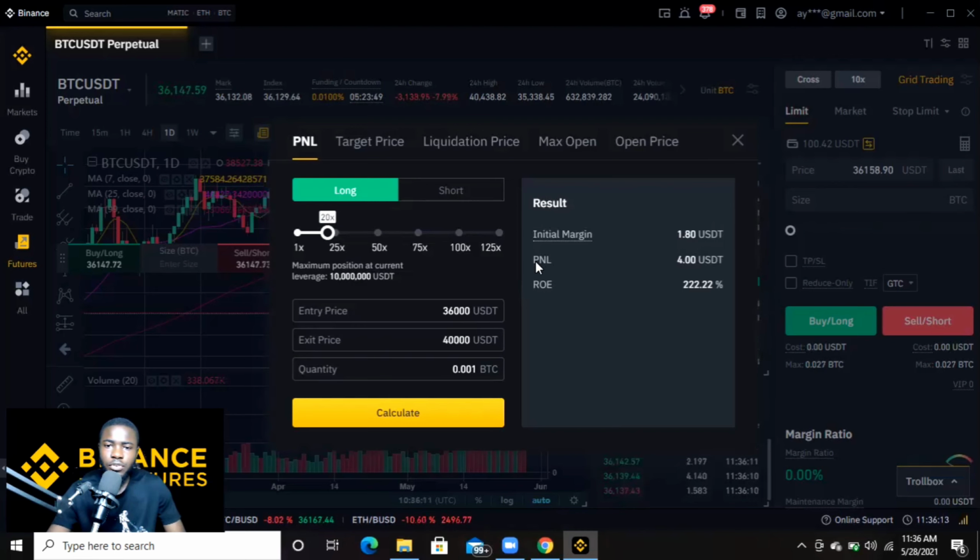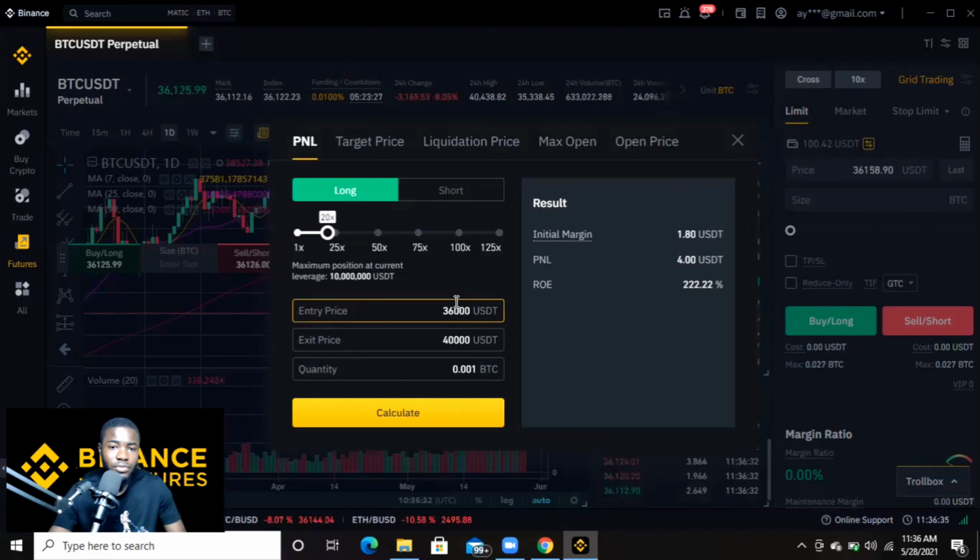It means the profit or loss I'm going to make is $4, and the return on investment is 222%. This profit of $4 basically means I'm entering this trade when BTC is at 36,000, and I'm exiting at 40,000. That's a $4,000 difference, right?